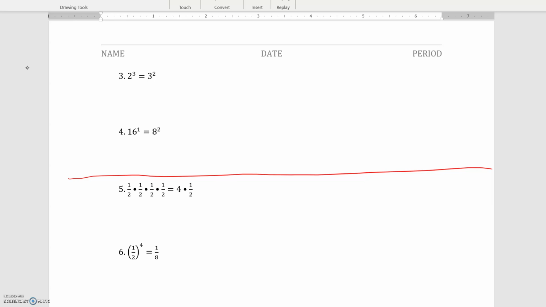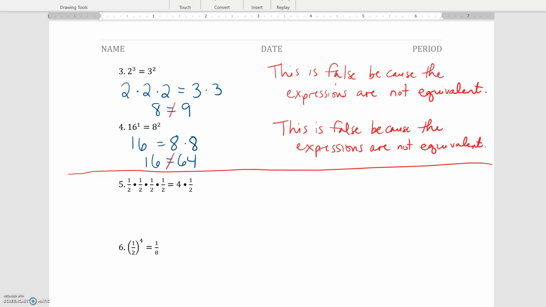Do that now and pause here and check your work after the pause in the video. Check your work here for number 3 and number 4. Both of them are false because they are not equivalent when you write them out with the multiplication versus the exponents.